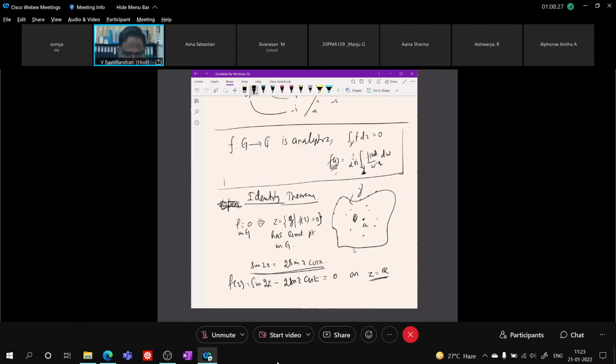This f of z is 0 for all z in the real numbers. So real numbers naturally have limit points in C. So by the identity theorem, this f of z is 0, therefore sine 2z will be 2 sine z cos z. So most of the trigonometric identities need not require any proof in complex analysis. They all follow from the corresponding real ones by this identity theorem.